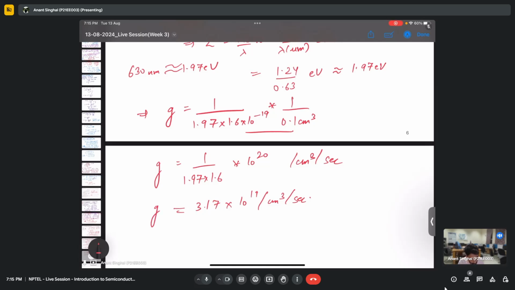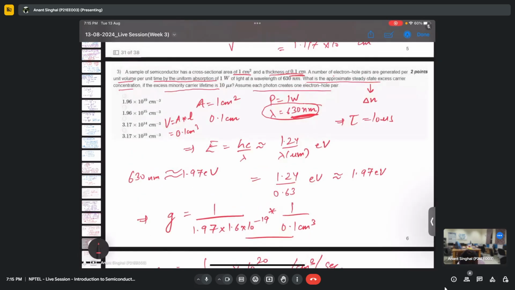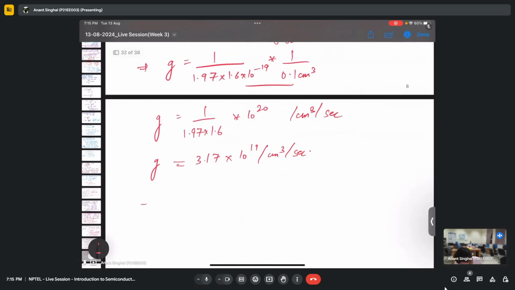Now what we need to find out is the steady state excess carrier concentration. We have some lifetime. We already know that the generation is given by the excess concentration divided by tau. So delta n we need to calculate, which equals g times tau.